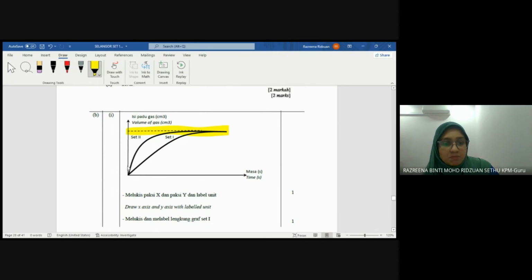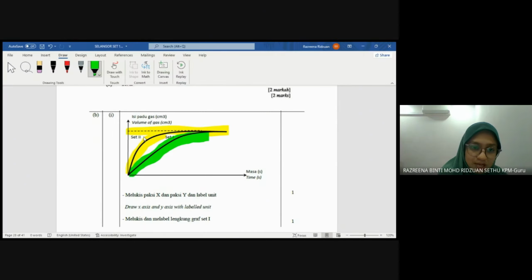So you make the graph a little bit steeper, and it reaches the final volume faster compared to set 1. Set 1 is a bit slower, not that steep, and it reaches here. So this shows that set 2 has a higher rate of reaction.